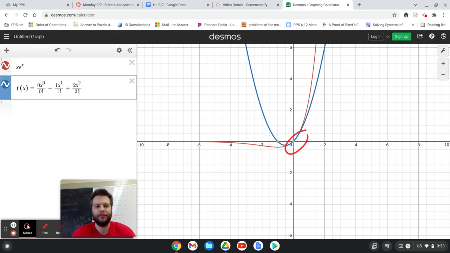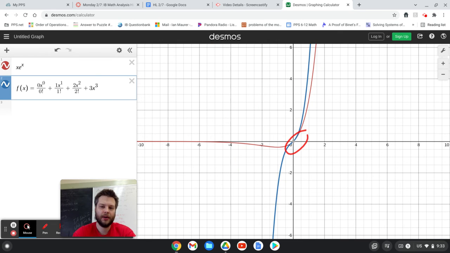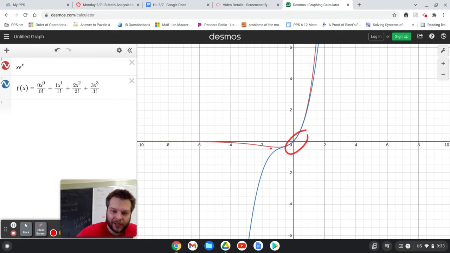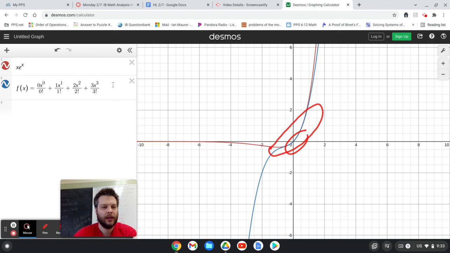The approximation improved. So now we go to 3x to the third power over 3 factorial. Now, if I wanted to draw just visually an approximation region, I mean, it's pretty good in there. So we're getting better. And the question asked us to get all the way to the fourth degree.